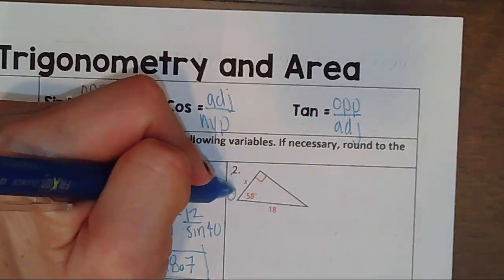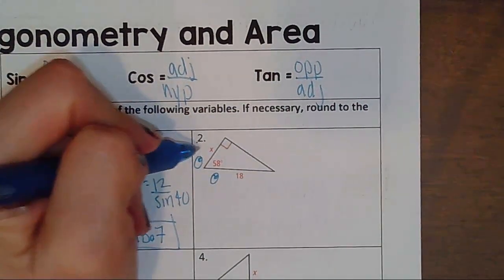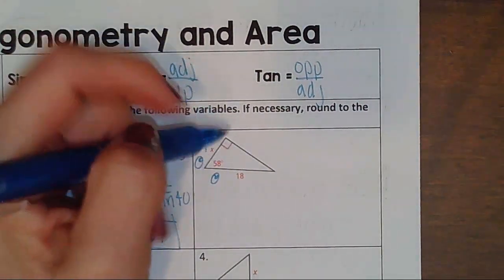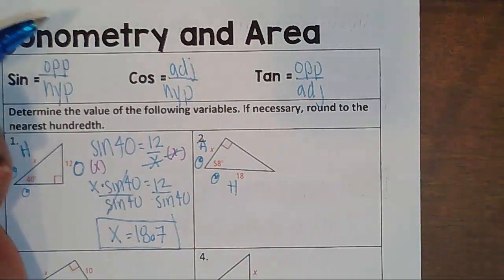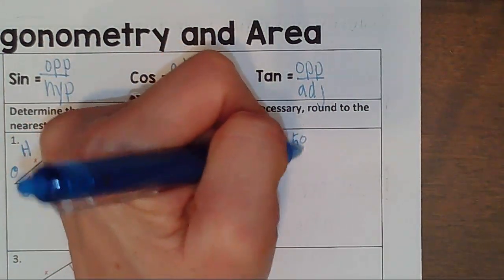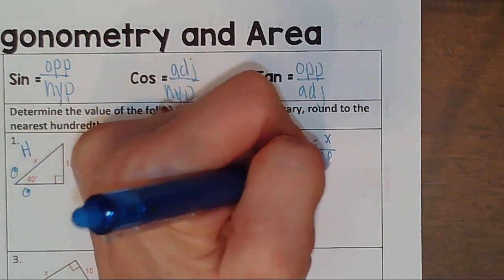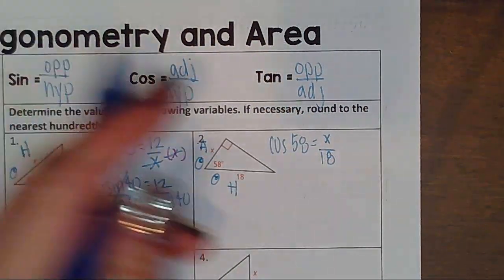Okay, so moving along, another one would be, this would be my adjacent, and this would be my hypotenuse, right? So that would be cosine 58 equals my adjacent x over my hypotenuse 18.